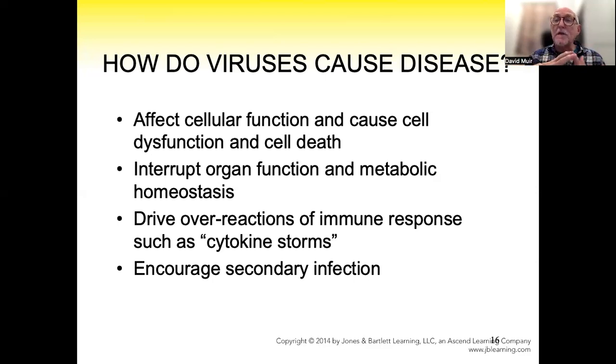And they usually end up causing cell death by the time viral particles begin to be released. So they drastically alter the metabolic function of the organism that they're infecting in general. And in addition, the organism has to deal with a large amount of waste material from dead and dying cells, and that sort of thing.